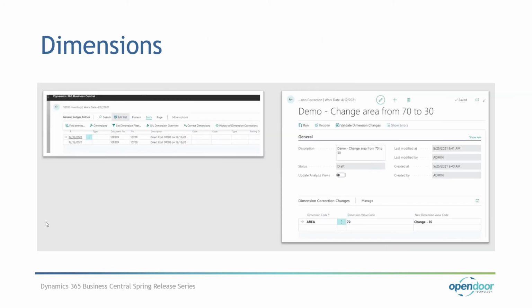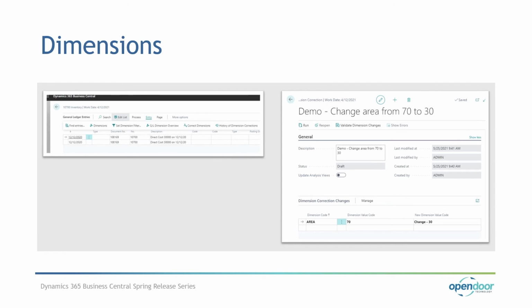Dimensions have been improved. You can correct dimensions on posted GL entries. There is a correct dimension function that is available that will let you make changes, remove, add, modify. Here we see that I'm changing the area from 70 to 30 on my entry. You can enter a reason for that change, and it will track who made the change, when it was done, and keep a record.